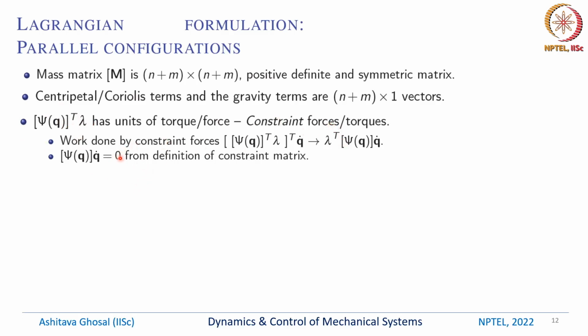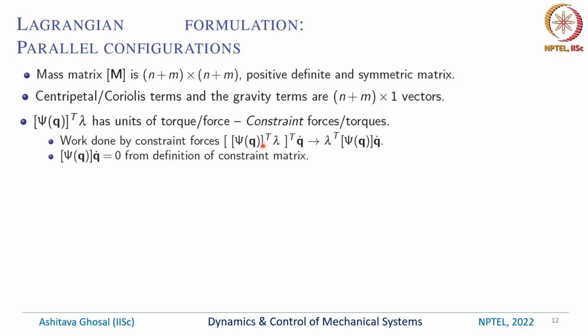One interesting property of these constraint forces is that the work done by the constraint forces is zero. How do I find out the work done by these constraint forces? It is nothing but force times velocity. So we have (psi transpose lambda) the whole thing transpose into q dot.